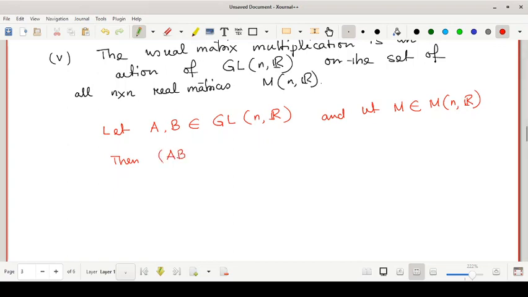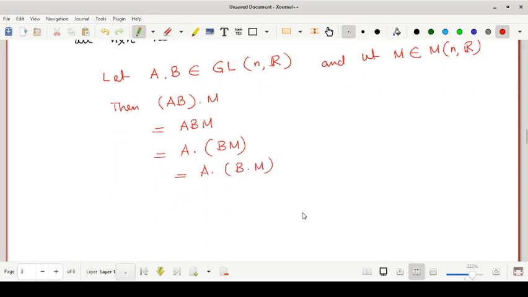So AB acting on M. What happened to this? This is nothing but the matrix multiplication (AB)M, because this dot and this dot are the same now. And this is the same as A acting on BM, and BM is nothing but B dot M. This is easy.